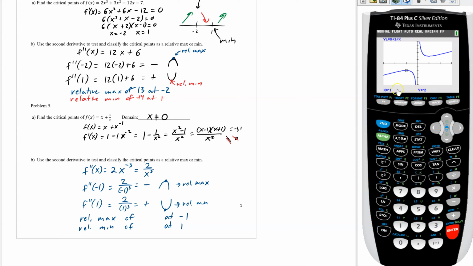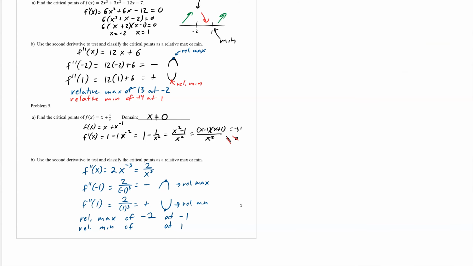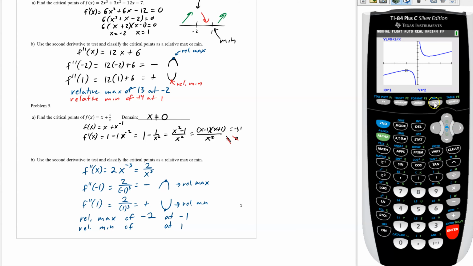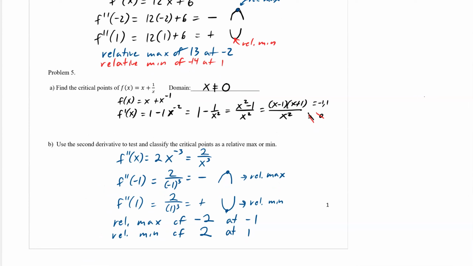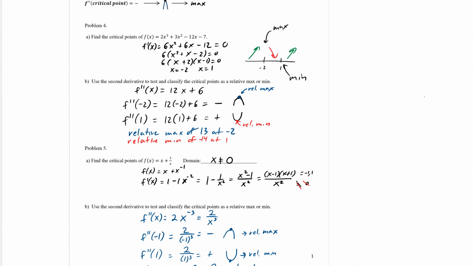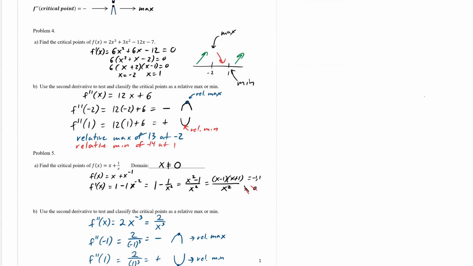And so -2 is our max. Trace 1. And our relative min is 2. That's why we have to say relative. And there you have it. So there's a complicated one and a nice polynomial. So using the second derivative is a way to tell if it's a max or a min. Do you have to know this method? No, you've already got this method. But it's nice to have.